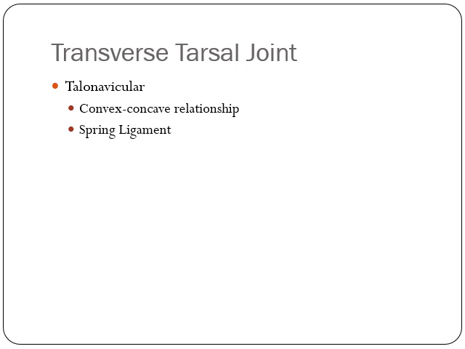So that spring ligament is going to be important to supporting this joint and this region. Then you have the calcaneocuboid joint, which is a modified saddle joint. The primary support for this joint is going to come from the long plantar ligament in the foot. So the long plantar ligament is going to support and maintain the stability of this joint when we're looking at the transverse tarsal joint.